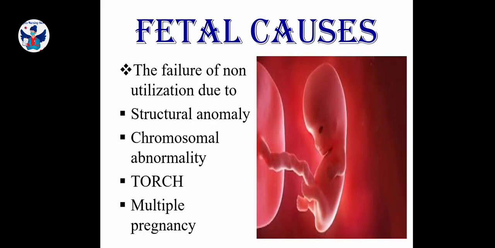And next is fetal causes. So mainly the fetal causes means if the baby is not getting adequate nutrients from the mother, or if any structural deformity or chromosomal abnormality, or if the mother is infected with TORCH infection, that is T for toxoplasmosis, O for other infections such as measles, mumps, etc. Next, R stands for rubella infection, then C for cytomegalovirus infection, H for herpes simplex virus infection.